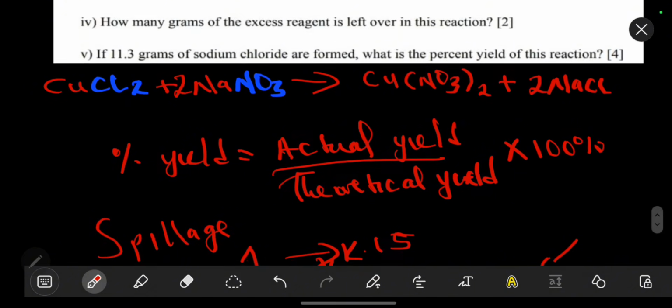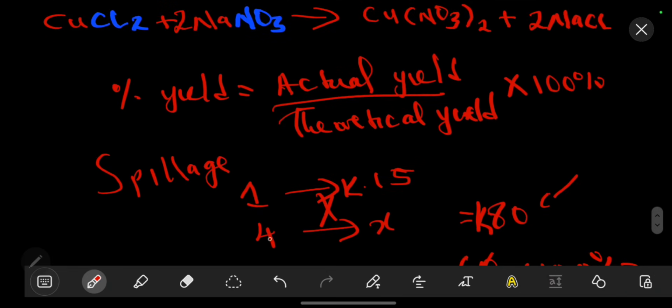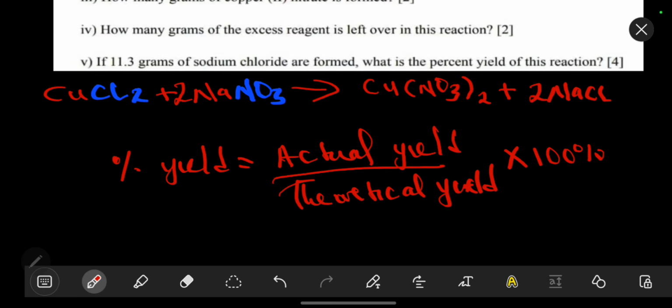So using your limiting reagent. The limiting reagent was copper(II) chloride there. So we are going to say, according to the equation, the limiting reagent is this.